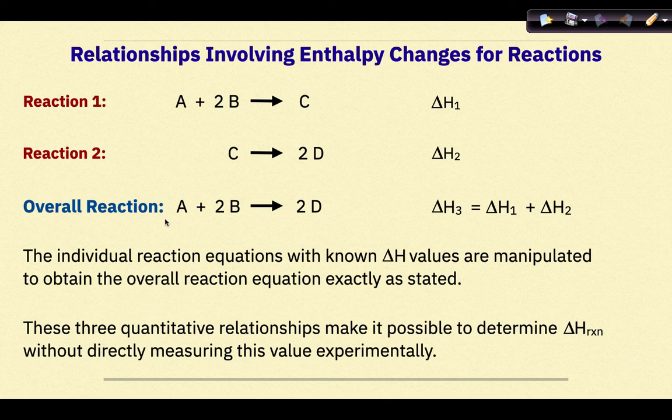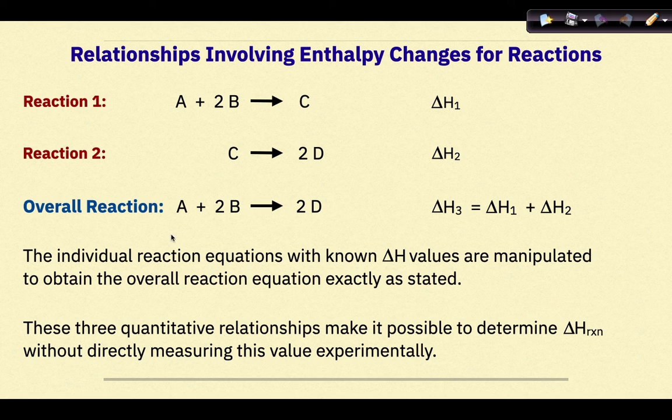Let's look at a symbolic one right now. So here I have reaction 1, which is A plus 2B yields C with a delta H value associated with that. And then I have reaction 2, where C yields 2D. Delta H2, there will be a value for that. My overall reaction is combining these 2 initial reactions together.